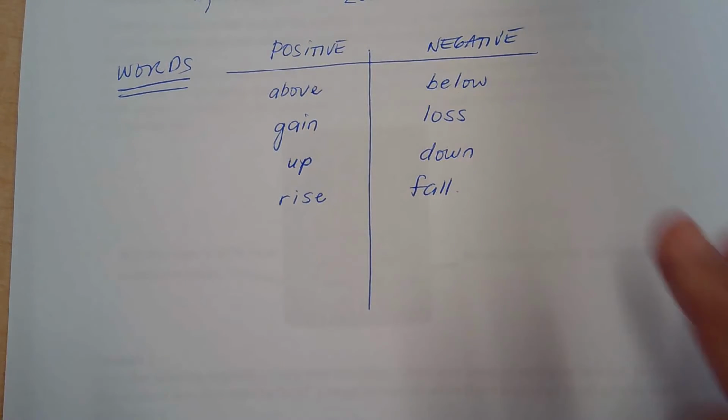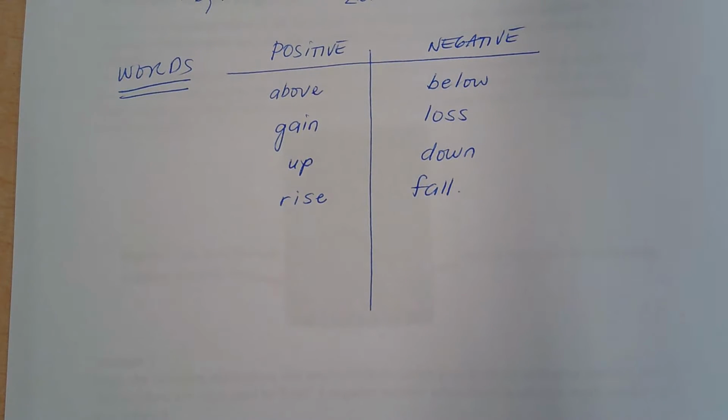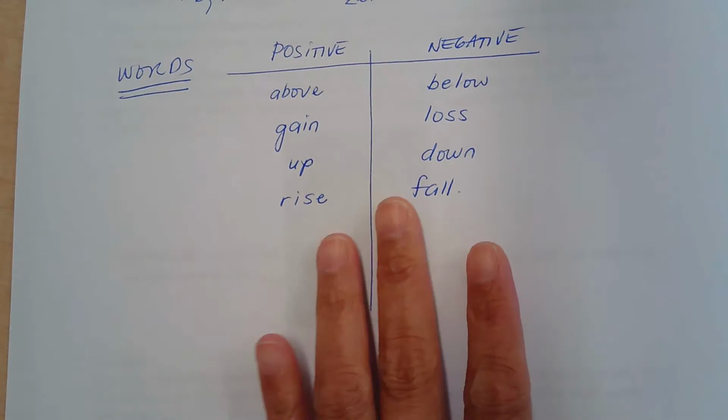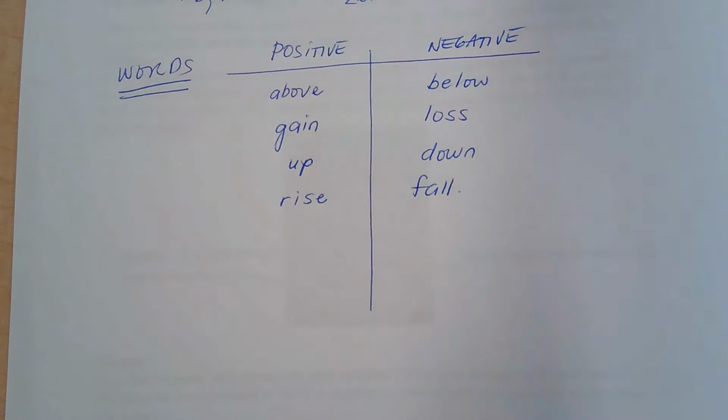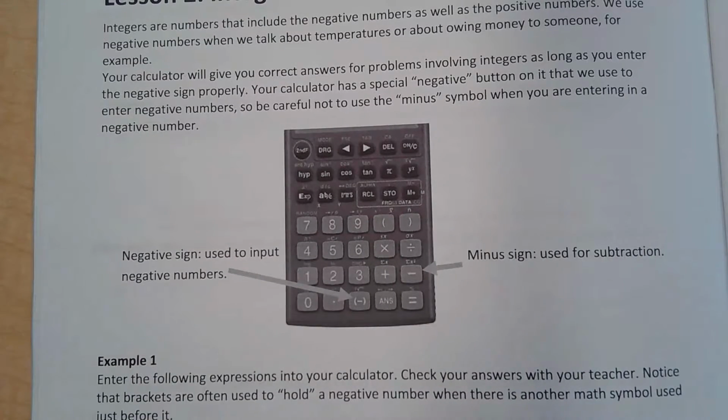Okay. So I just want us to take a look at some of those words, because those keywords, when we get into the word problem, thank you very much for your participation, will indicate if it's a positive number or a negative number. Okay? So let's take a look at this.